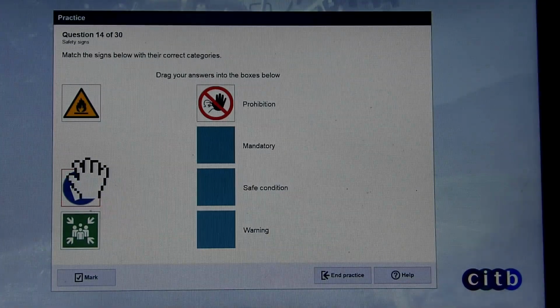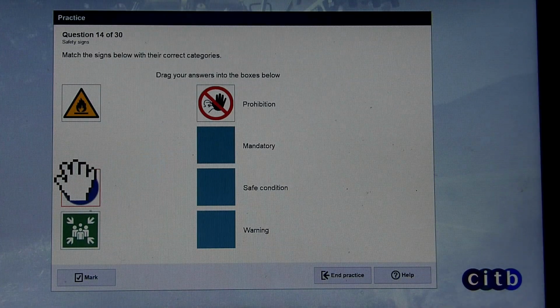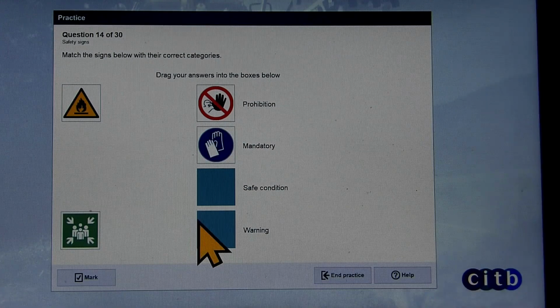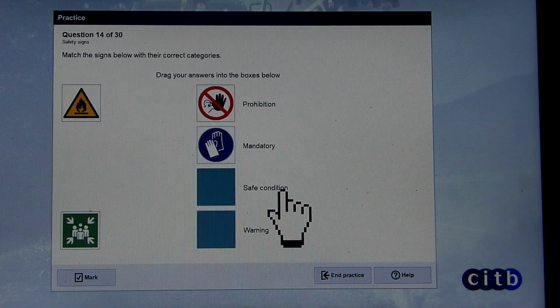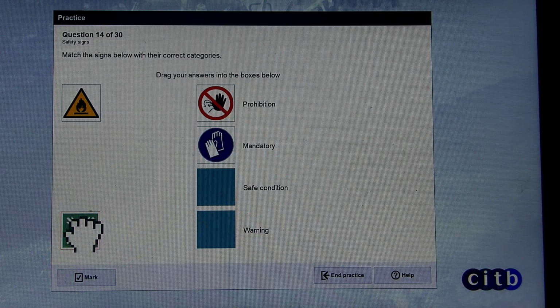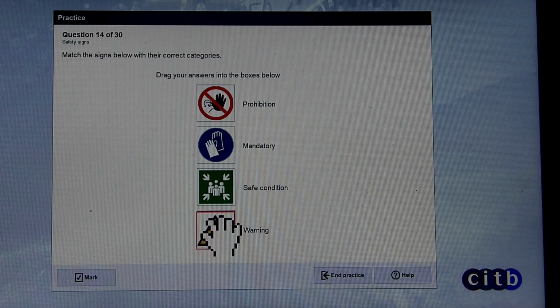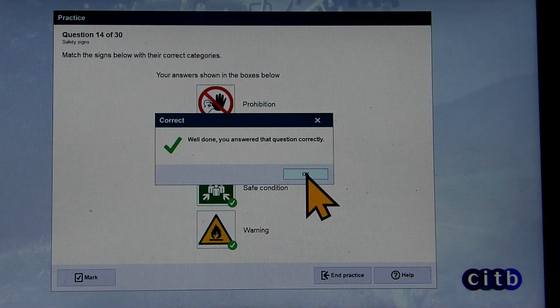Mandatory is a blue color. Safe condition, safe is always green. So the last one is warning. Well done. We did it.